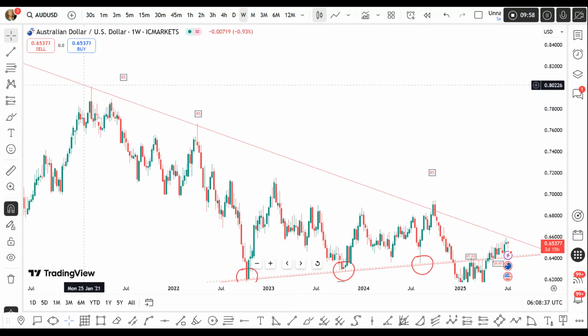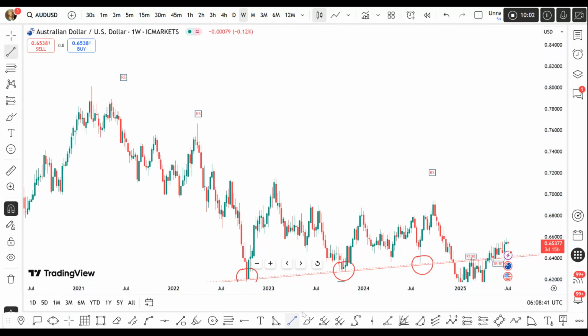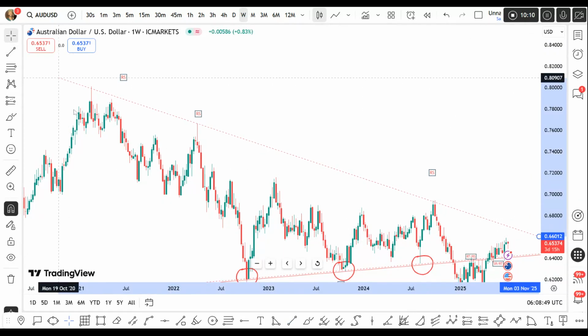Or let's work with near term. Let's work with 2020 price action.